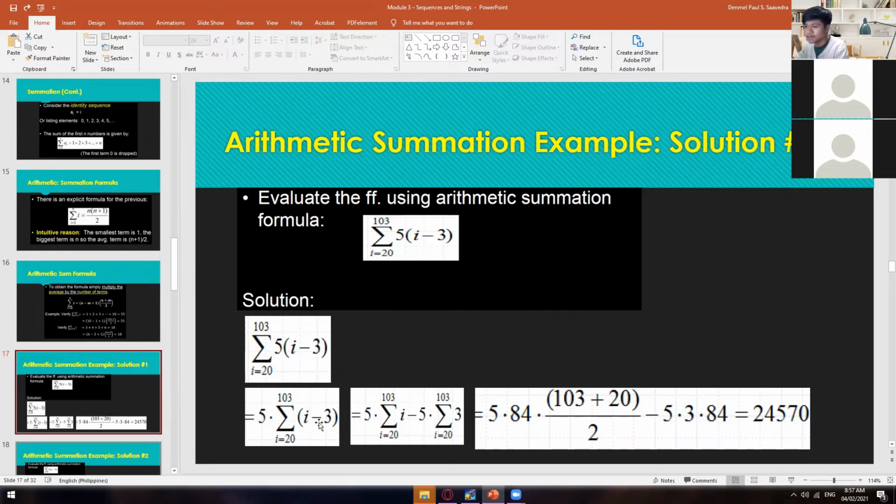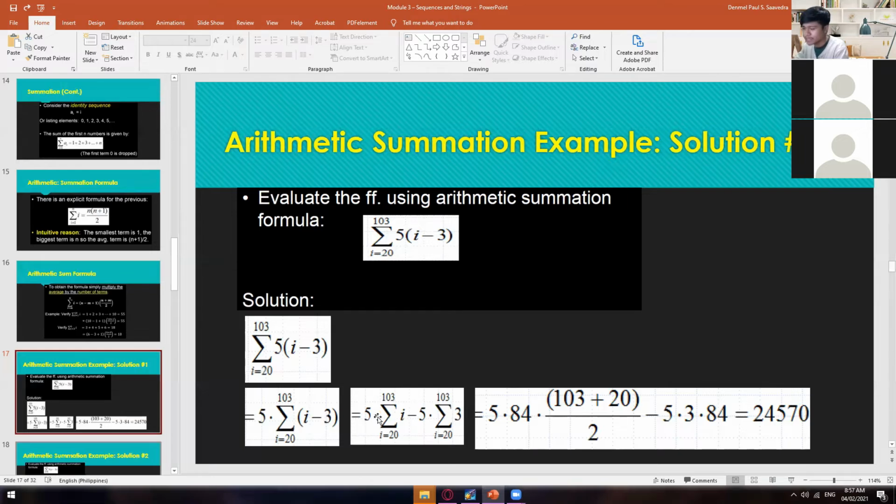Then after that, we now have this formula. So 5 times summation i minus 5 times 3. So basically, we've just separated this i and then this negative 3.